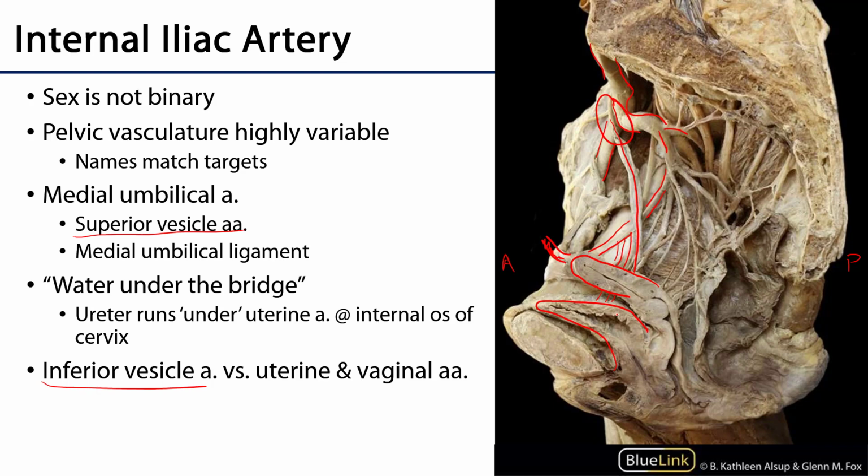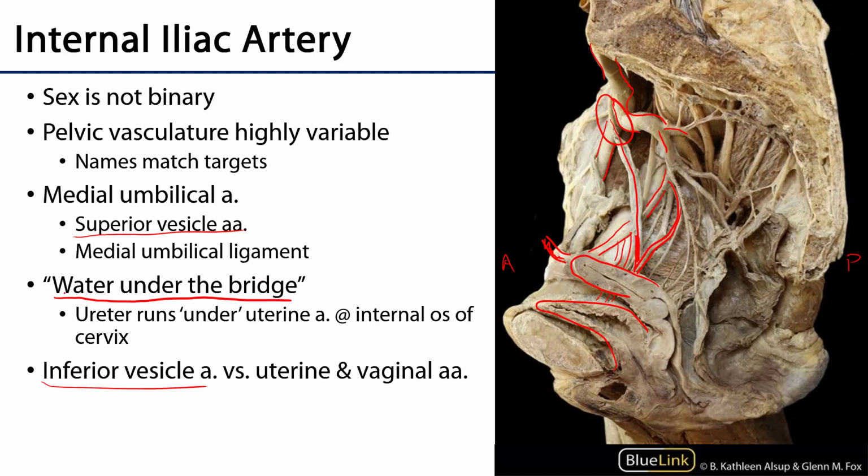It's important that we consider the blood supply to the uterus as well, because what we can see also is a branch of the anterior division of the internal iliac is a uterine artery. And that uterine artery and the ureter are going to cross one another. And there is a rather popular mnemonic, water under the bridge.